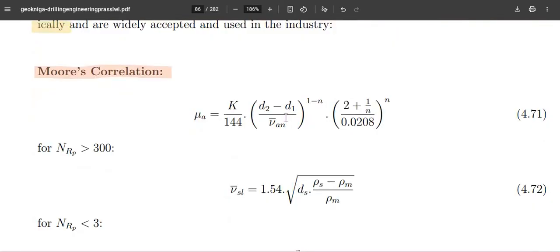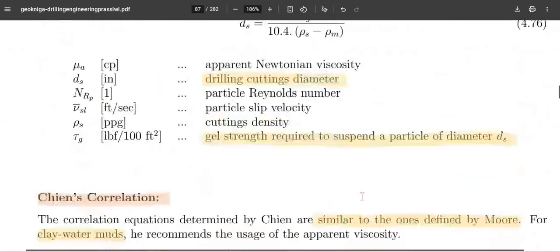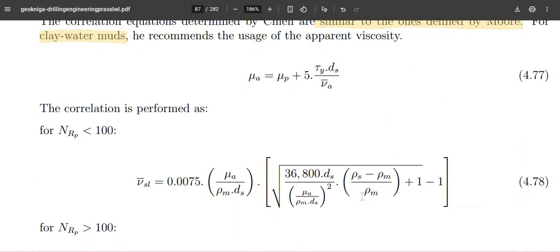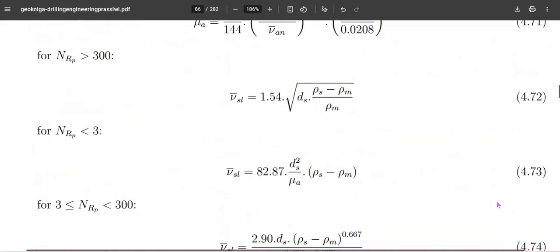One is Moore's correlation, which is given by 4.72, and another one is Chien's correlation, which is again based on empirical correlations and computed by equation 4.78.